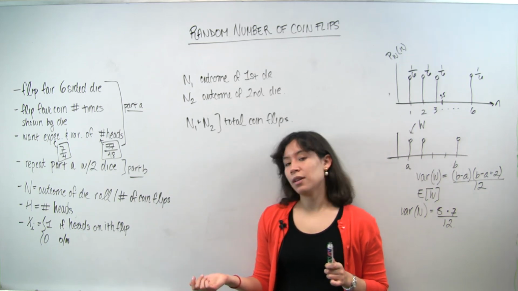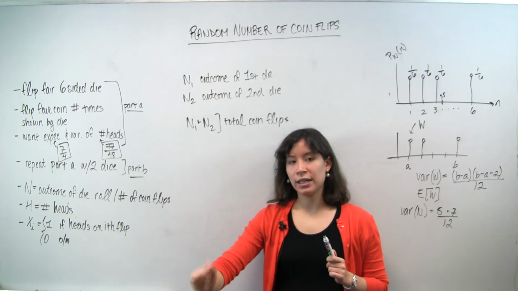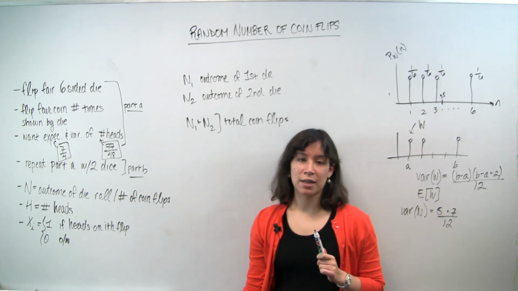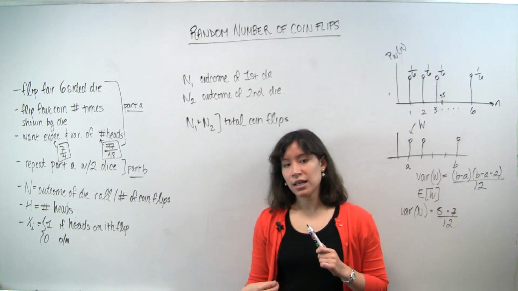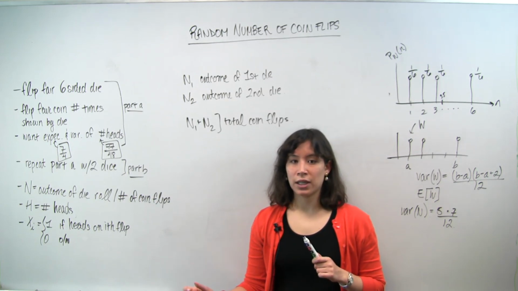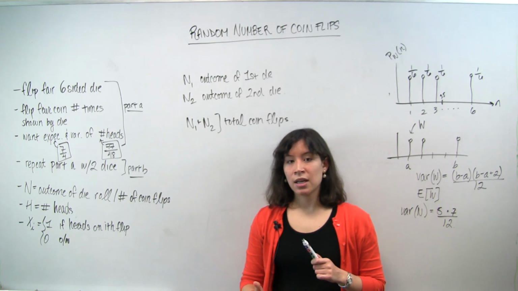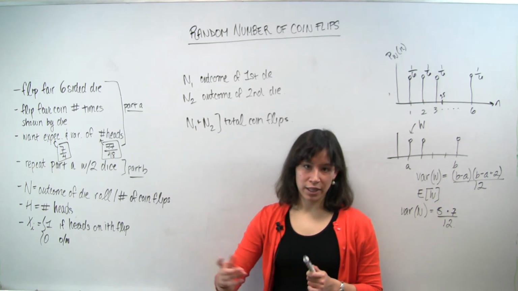But another way you can think about this is you roll one die, and then you flip the coin the number of times shown by that die and count the number of heads. And then you take the second die and you roll it, and then you flip the coin that many more times and count the number of heads after that.